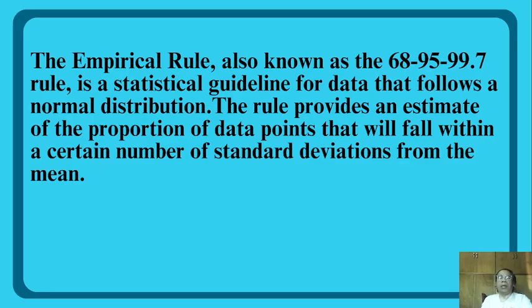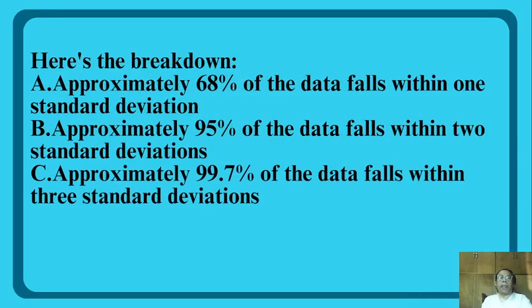The rule provides an estimate of the proportion of data points that will fall within a certain number of standard deviations from the mean. Here's the breakdown. Approximately 68% of the data falls within one standard deviation.